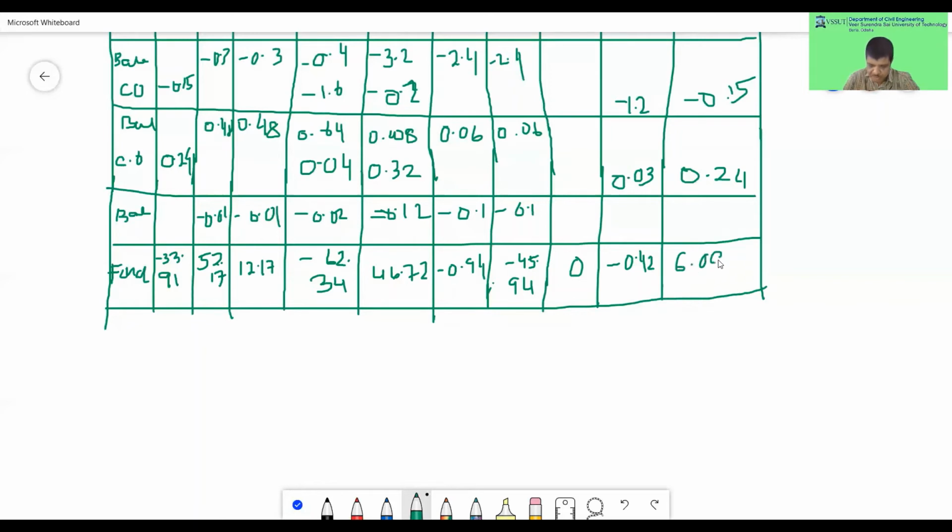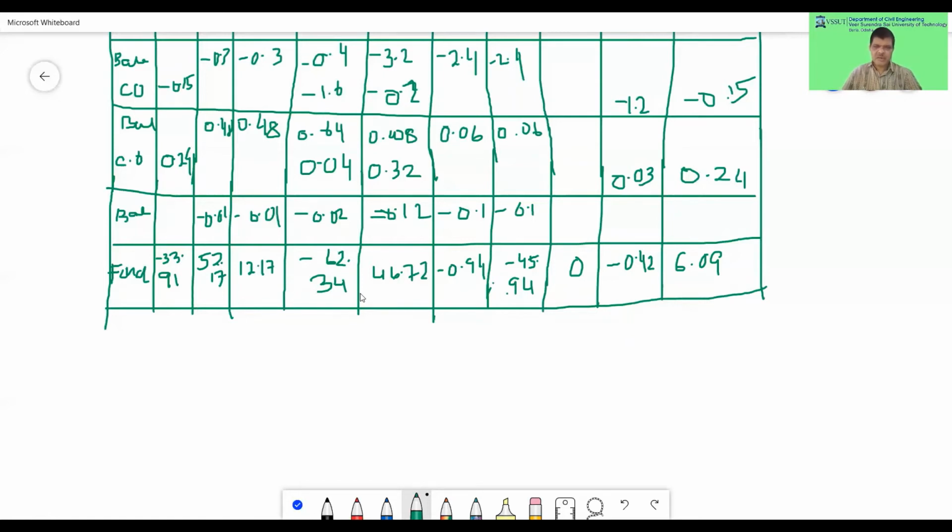Just calculate the values, so you can check the joints. You can see the joint is balanced. 52.17 plus 12.17 becomes minus 62.34.